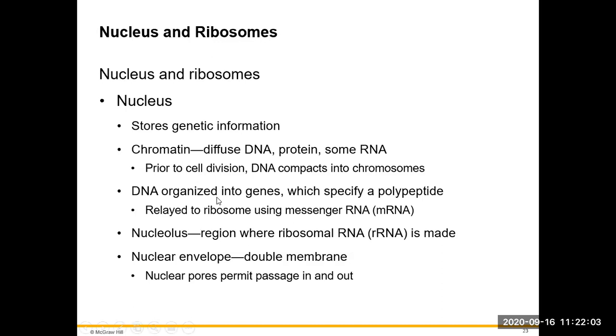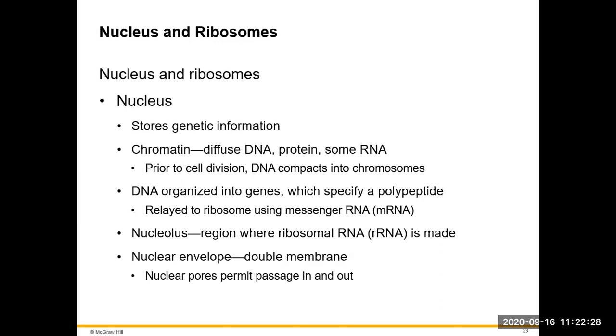DNA is organized into genes, which specify a polypeptide. For genes, first it starts from amino acids. When you have 3 nucleotides close together, they form a codon. When codons come together, they form a gene, and those genes form chromosomes, and the chromosomes form the DNA.